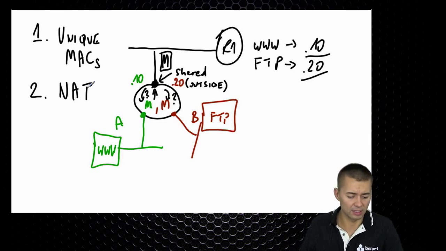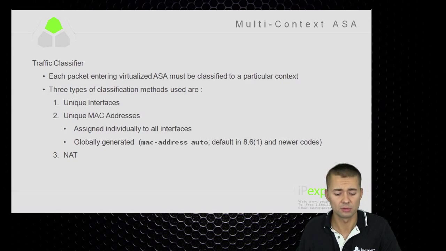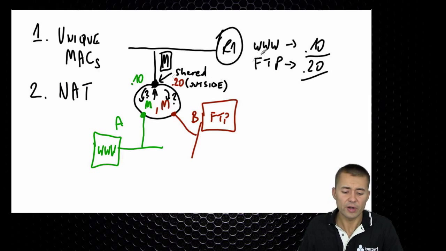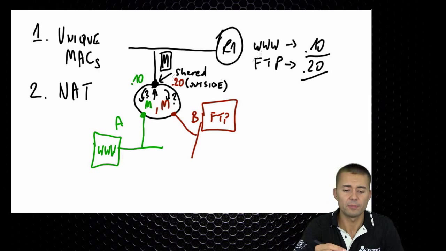There is one global command called mac-address auto, which in newer versions of code is a default setting, which is going to force the ASA to generate a unique MAC address for any interface that is shared between the contexts.